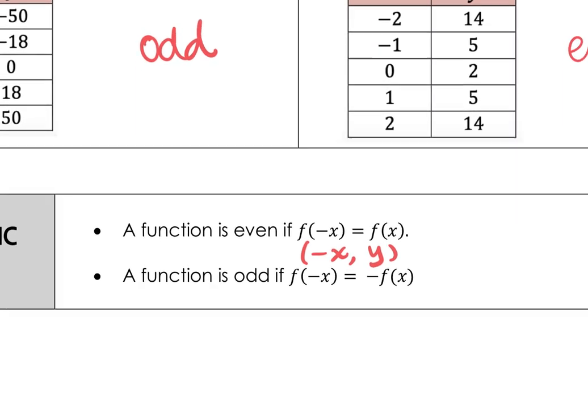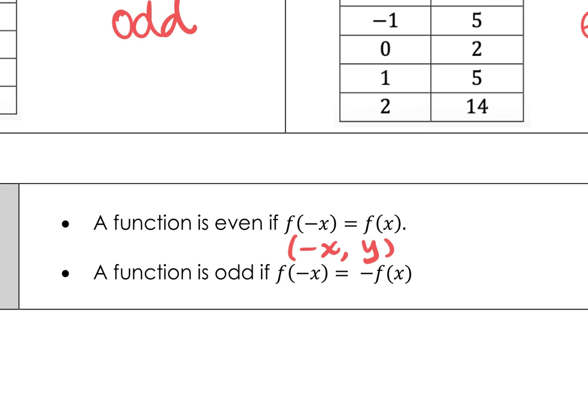Our function is going to be odd if when I plug in a negative x, my output is the opposite output as it was originally. So now I have that opposite y. So now if both of my coordinates are opposites, then that's how I know that the function is odd. Okay?